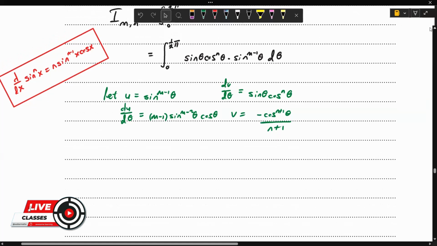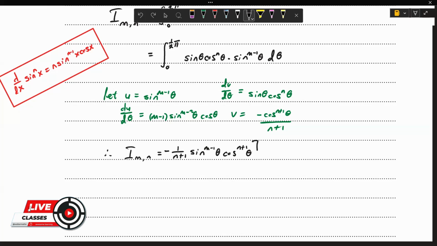So applying integration by parts, we'll therefore be saying I of m and n should be equal to, and here we'll say uv, which is 1 over n plus 1 of sine to the m minus 1 of theta of cos to the n plus 1 of theta, and there has to be a minus here because there's a minus here, right? So we need to make sure that we don't leave it out. So that's what we will be getting here.